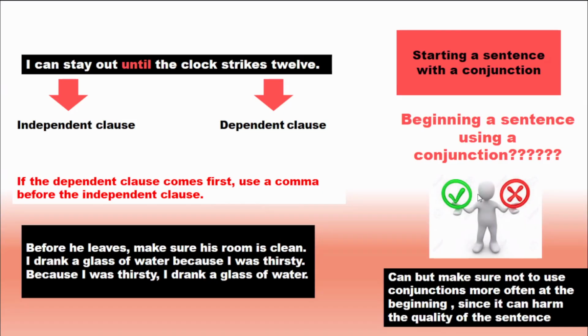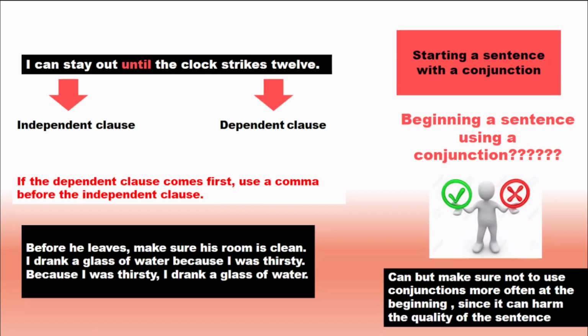Right. So how are we going to start a sentence with a conjunction? Is it wrong for us to start a sentence with a conjunction? No. But make sure when and where to use it, and what type of conjunctions you are using when starting a sentence. I have seen many people start sentences with and. That is wrong actually. It is mostly with subordinating conjunctions that we can start a sentence.